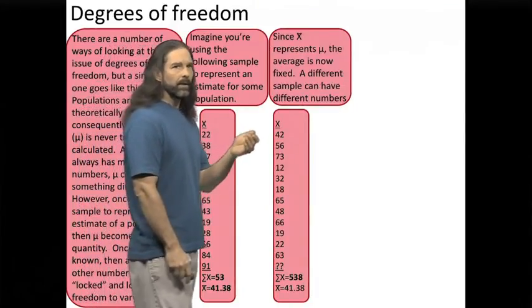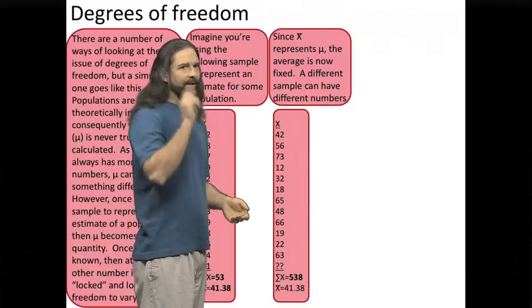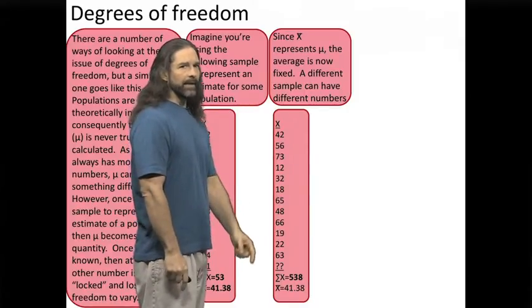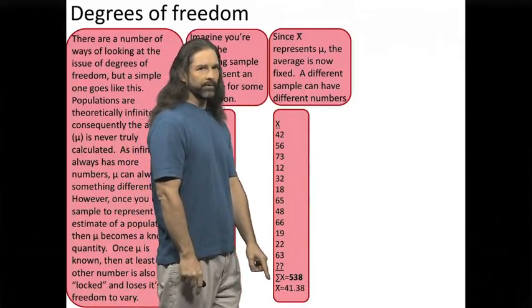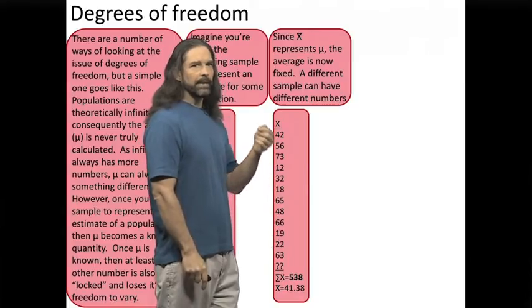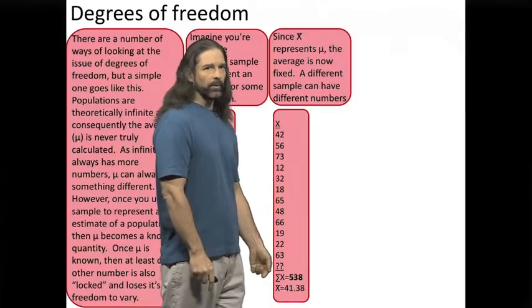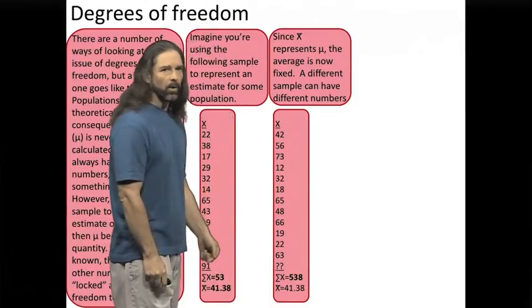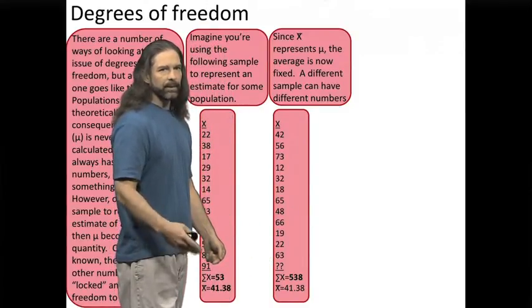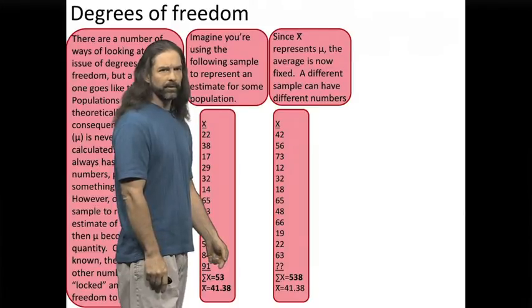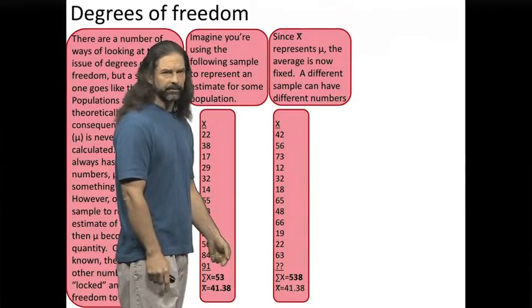It could have been this group of numbers. But if I've already said that x bar equals 41.38, then these numbers can be anything that they want. They can be anything, but if x bar is 41.38, then I already know that sigma x needs to be 538. Looks like I've got a small error on this slide. That should read 538 instead of 53.